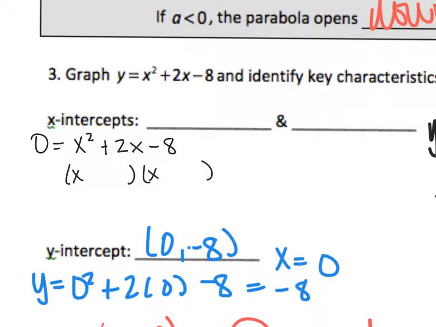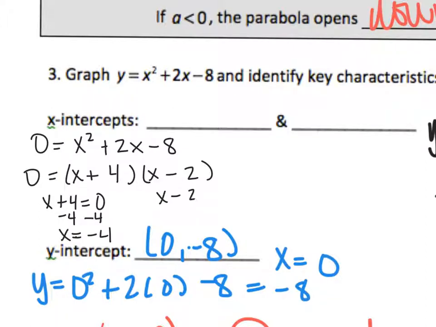And then multiples of 8, 4, and 2. And the 4 needs to be positive to get a positive 2 in the middle. And now you set both factors equal to 0. So this one is going to equal negative 4. And this one is going to equal 2.